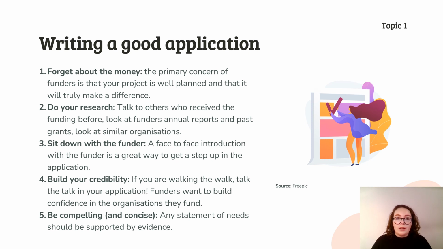4. Build your credibility. One of the primary reasons why applications get funded is that the funders are convinced that the applicant organisation is well organised, has a good track record, and is an appropriate organisation to carry out the proposed project.